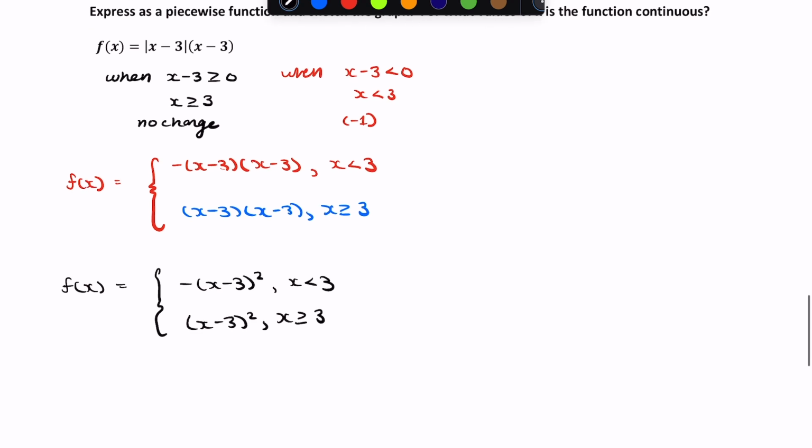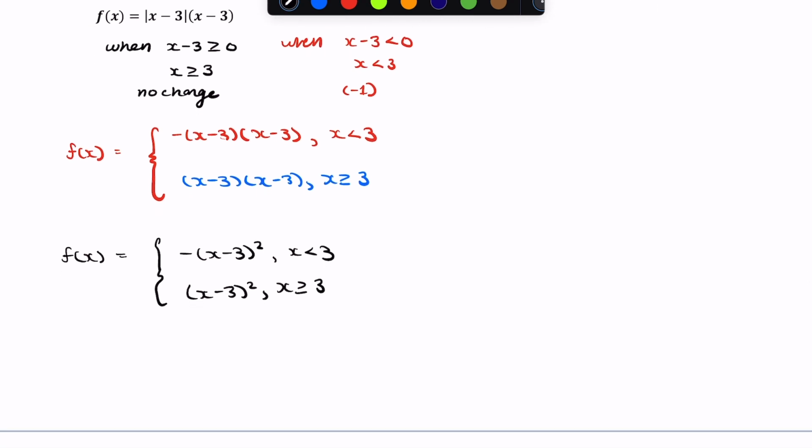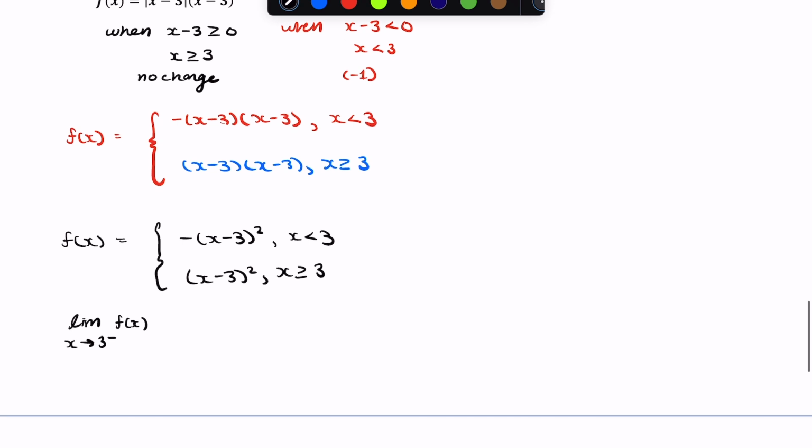Okay, so let's look at the limits from the left-hand and right-hand side. So the limit of f of x as x approaches 3 from the left is equal to negative (3 minus 3) squared, which is equal to 0.